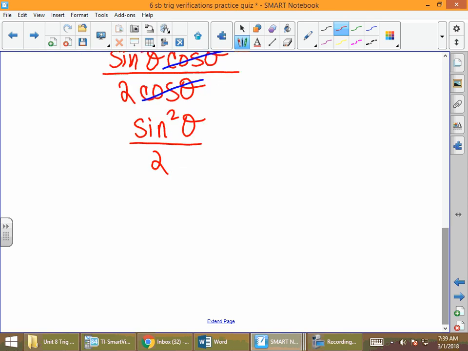But if that's confusing to you, what you can do is you can rewrite it like this. The number in front of the sine squared is 1. So this is 1/2, if we take the number and we write it out in front, times sine squared theta.